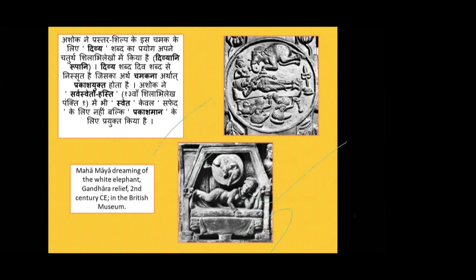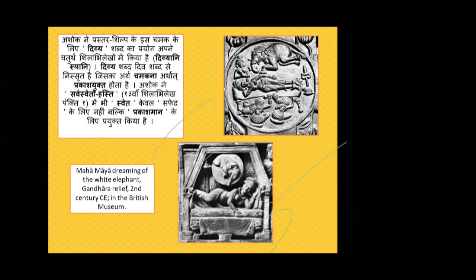Divya means something which is giving rays out of it. And Sarva Shweta. Shweta doesn't mean only white color. Shweta is the same as glow. Now, for that I have given two examples for you.